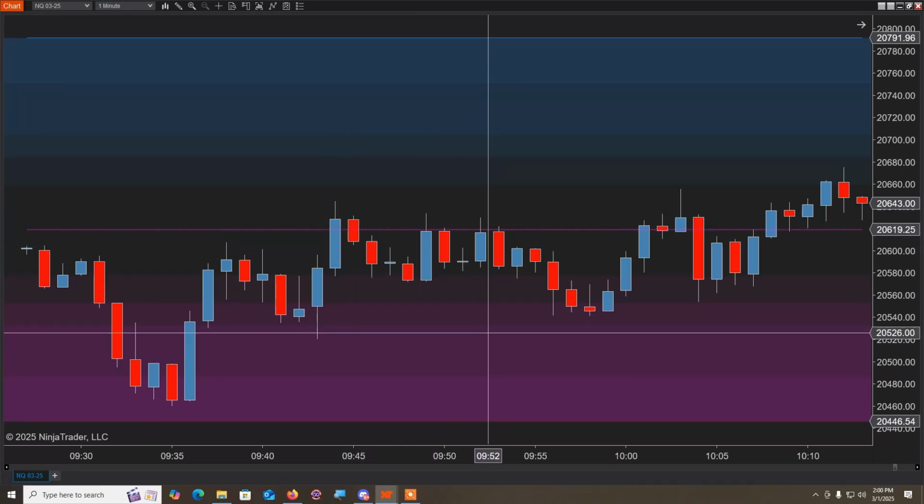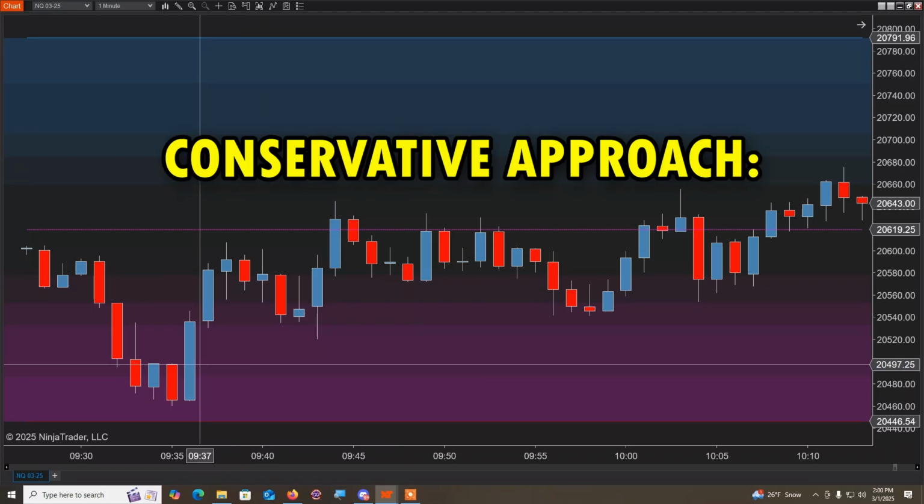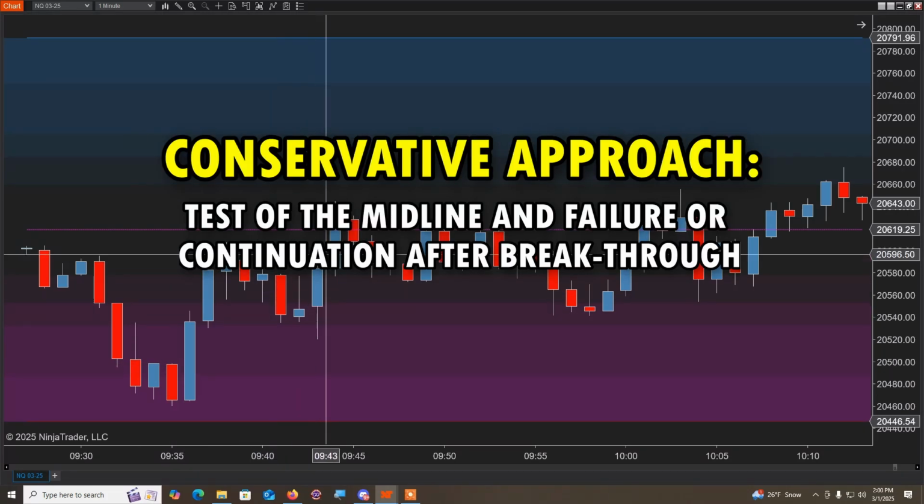Now let's look at the more conservative approach. The more conservative approach will not get you into a trade simply because the bar closed above or below the line. A more conservative approach will say that you want to see a test of the midline, and then some kind of a failure or continuation.